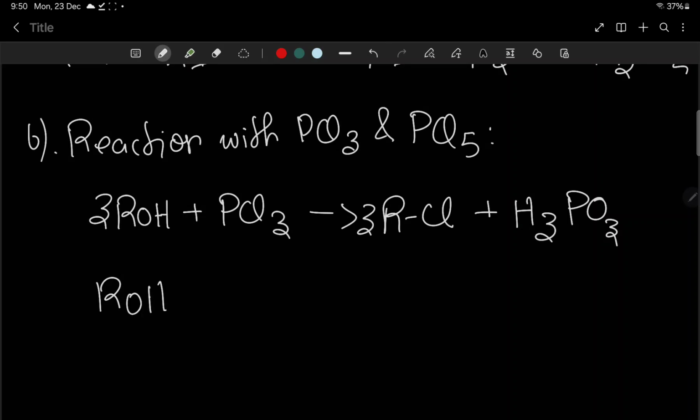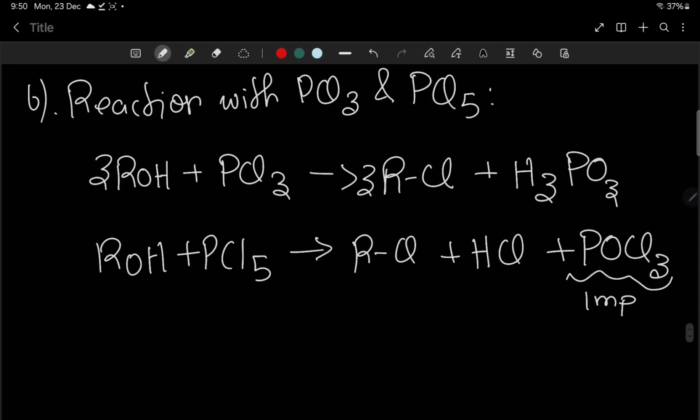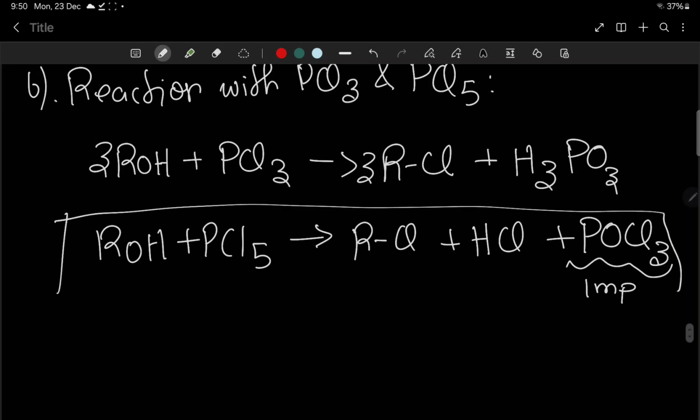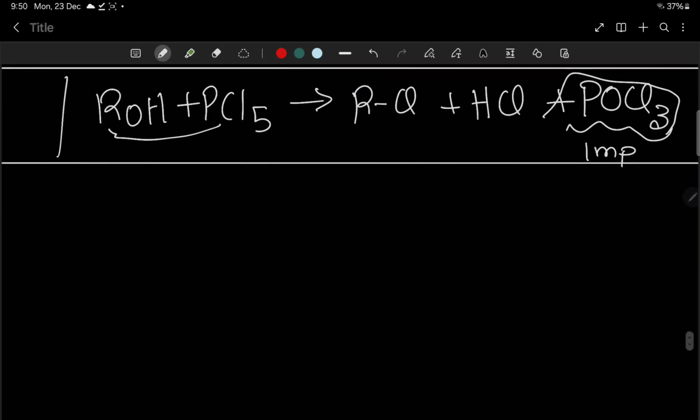If we use ROH plus PCl5, we get RCl plus HCl plus POCl3. This thing is important. You can just note down this reaction. They can ask this if you need. What do we get as a byproduct when we use ROH and PCl5 to prepare a haloalkane? We get POCl3 as a byproduct.